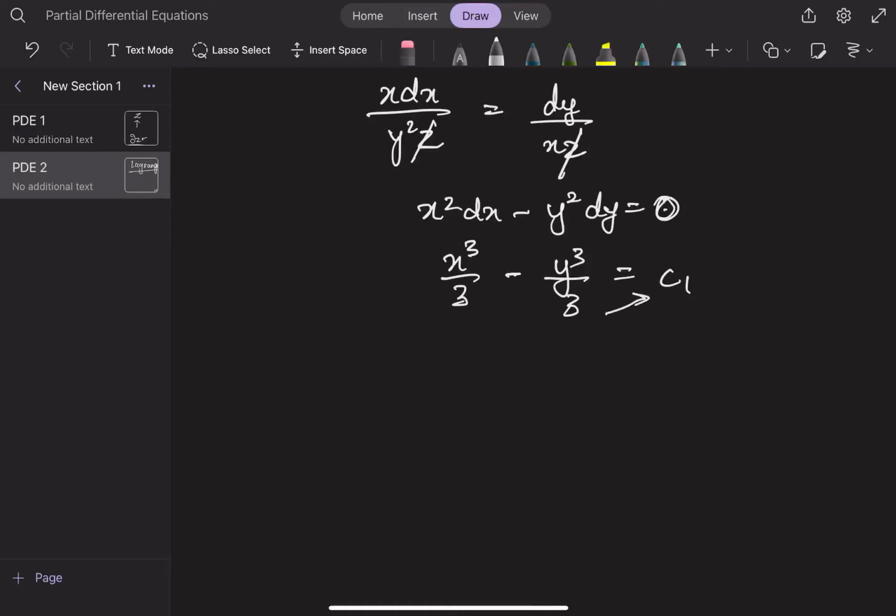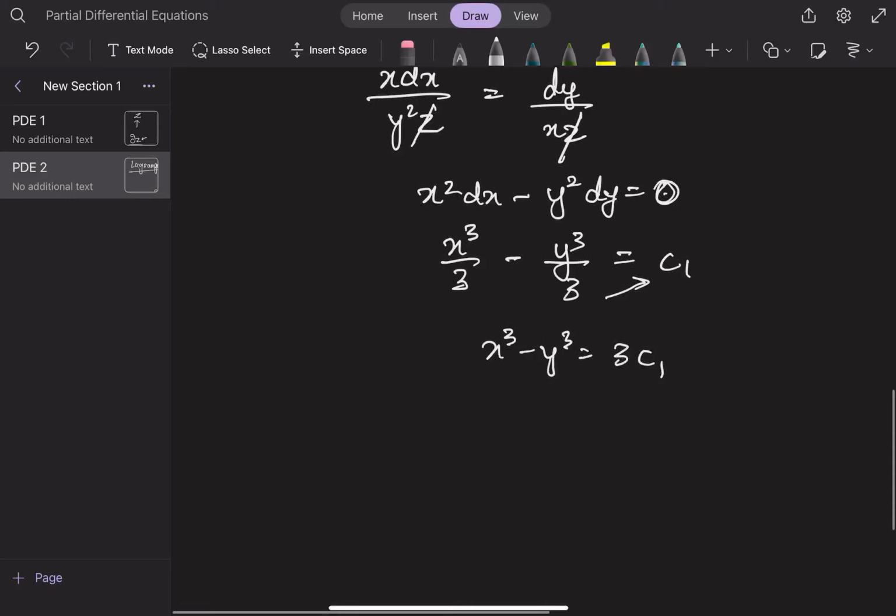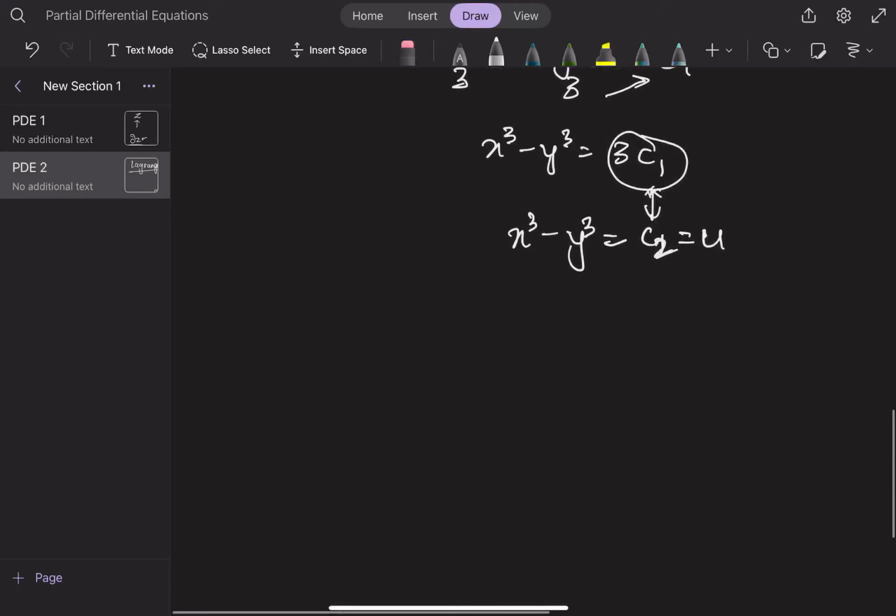We can just write 3c1 as a new constant. x cube minus y cube is equal to 3c1. So instead of 3c1, you can write a new constant. So let's write x cube minus y cube is equal to c1 is equal to u. Remember, this c1 and this c1 are not same. You can just write c2 if it confuses you. So this is our first function u.